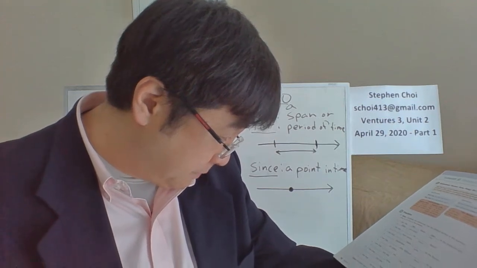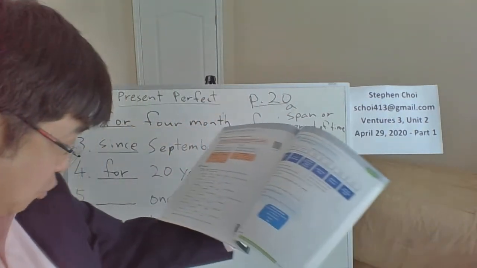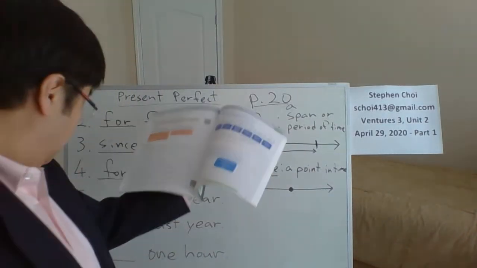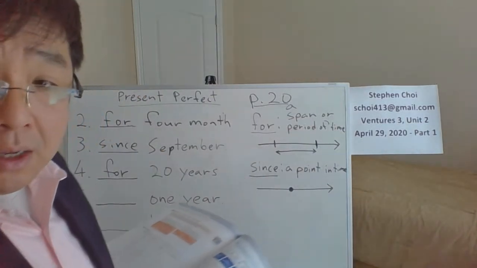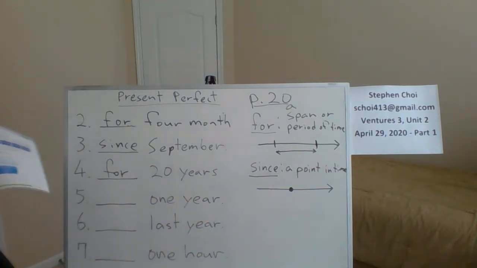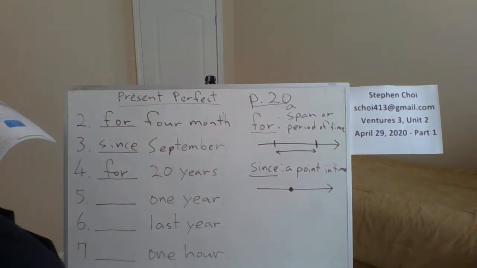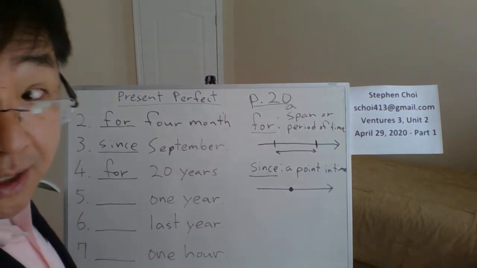Number 5. How long blank you blank in Canada? The verb is live. You is second person, but is it singular or plural? We don't know, that's the thing about English.